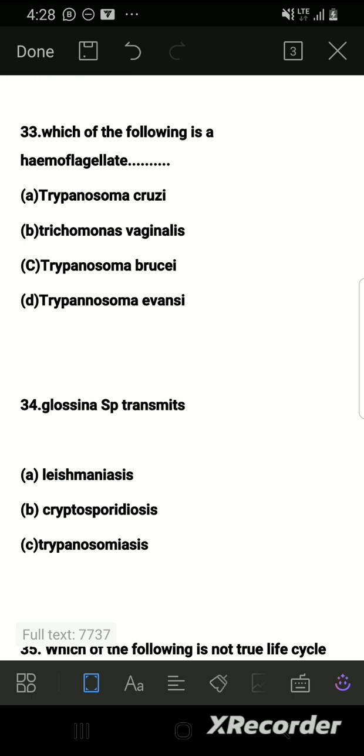Leishmaniasis is related to trypanosomiasis, but it is transmitted in the amastigote form, which is the form in which the parasite exists in leishmaniasis. But the Glossina species transmits trypanosomiasis, which is sleeping sickness.